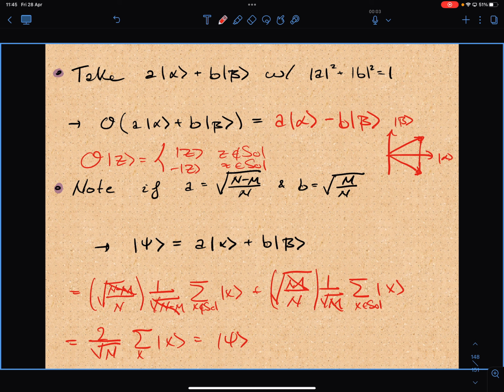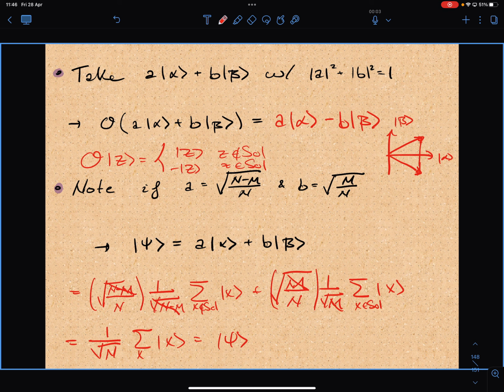Yeah, because the sums are summing over different sets. Oh, yeah, great. All right. I thought my A's and B's were wrong. They're over different sets, so it becomes a summation over everything. So it's not hard to see that psi we can write as a linear combination of alpha and beta.